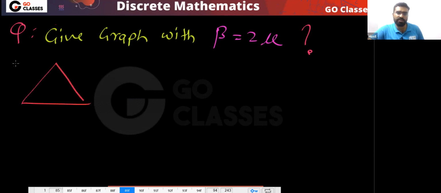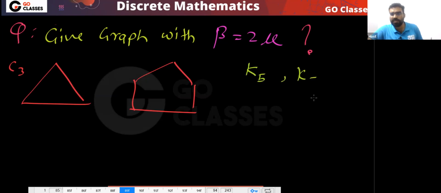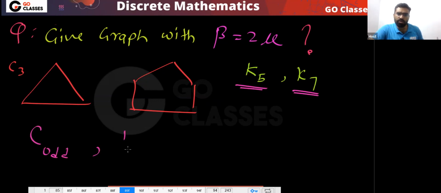You can give C3, C5. You can also create K5, K7, a complete graph on odd vertices. Basically you can create C odd or K odd.